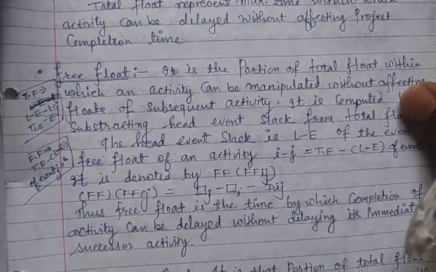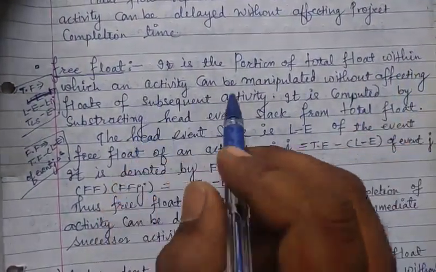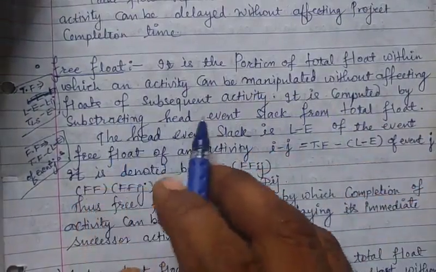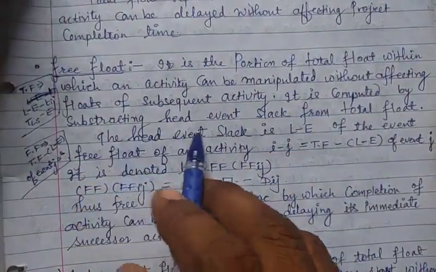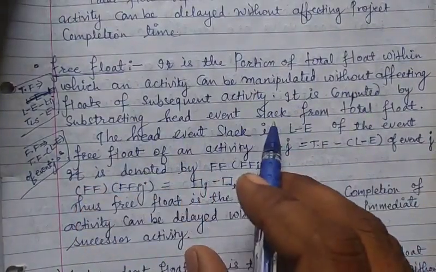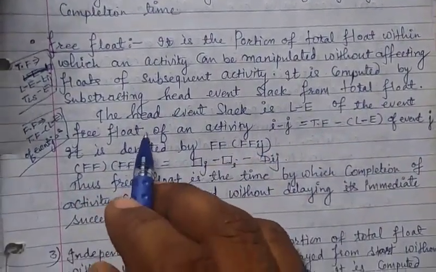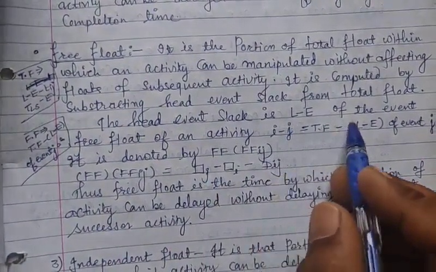Now the second type of float is called free float. It is the portion of total float within which an activity can be manipulated without affecting floats of subsequent activities. It is computed by subtracting head event slack from total float. The head event slack is L minus E of the event.